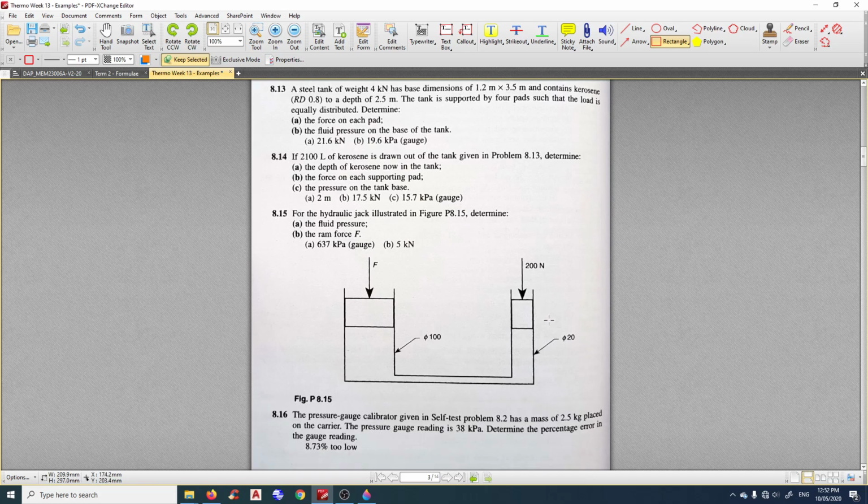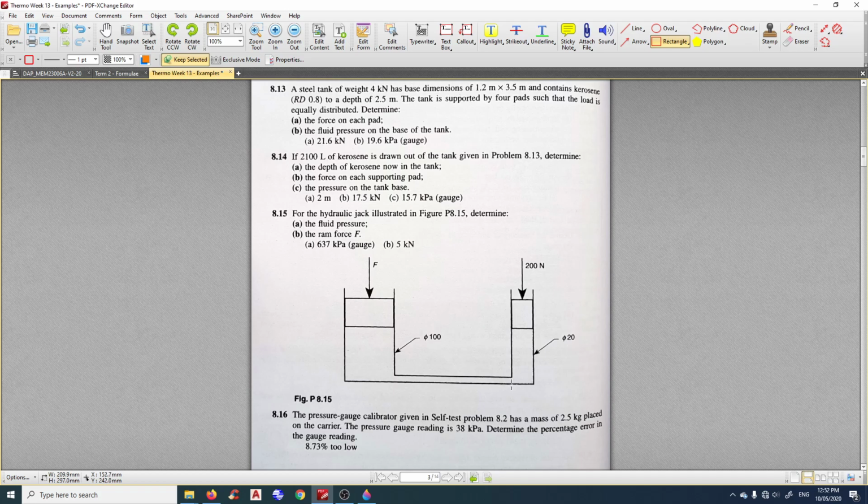What I'm going to do is have a look at this question 8.15. So remember principle 3, this is a hydraulic jack, so we have 200 Newton coming in here, on a piston with a 20 mm cylinder.